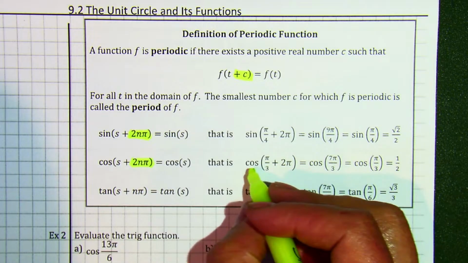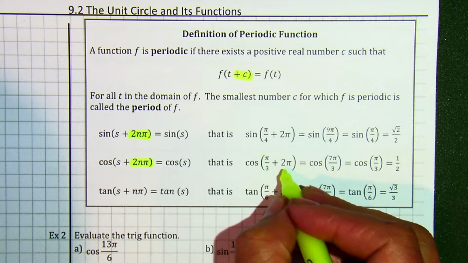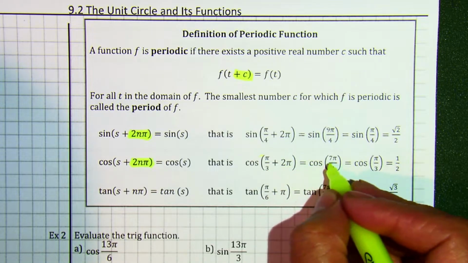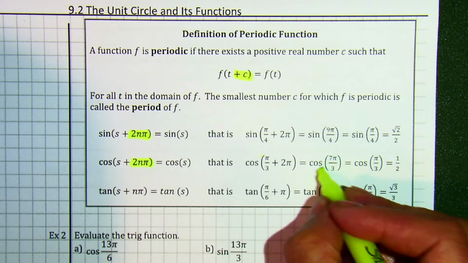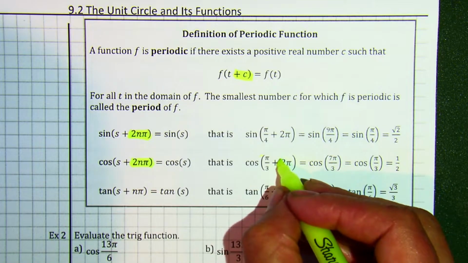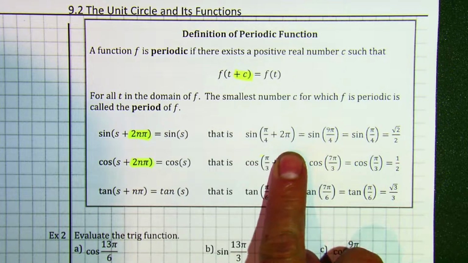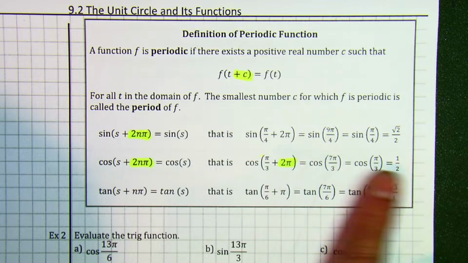So therefore, the cosine of pi over 3 plus 2 pi is equal to 7 pi over 3. So if you take the cosine of 7 pi over 3, it'll be the same as if you only take the cosine of pi over 3, which is 1/2.